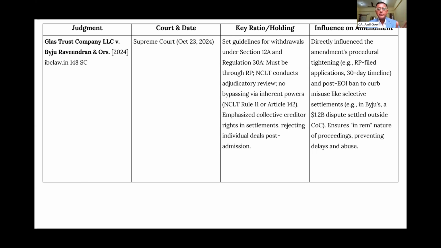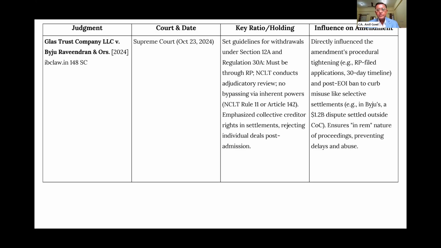So the NCLT conducts adjudicatory review, with no bypassing via inherent powers; NCLT Rule 11 or Article 142 should not be used. Whatever was decided by the Honorable Supreme Court on 23rd October 2024 in the Byju's insolvency case is now being codified.